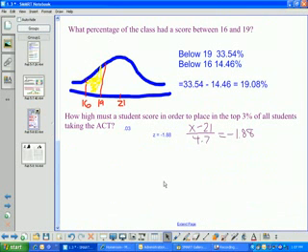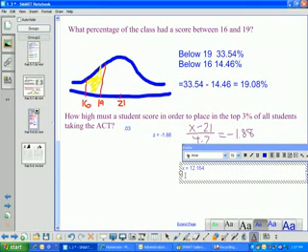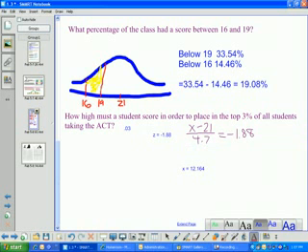So if I calculate that, so take the negative 1.88 times 4.7 plus 21, I get an x value of 12.164. So if we're looking at the table, that really means the top 3%.